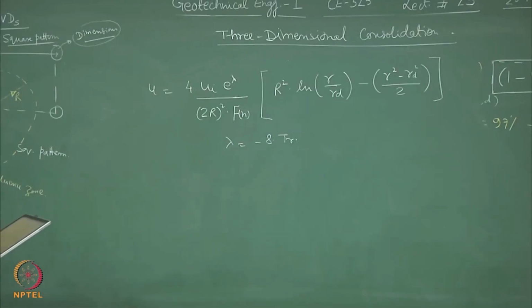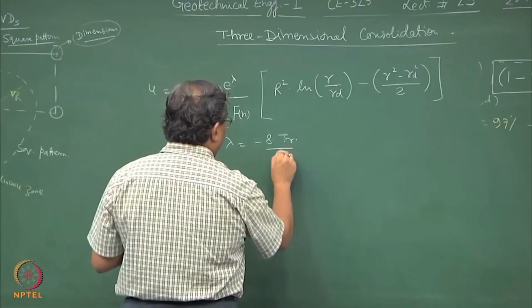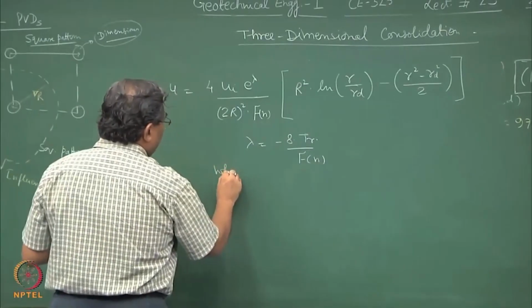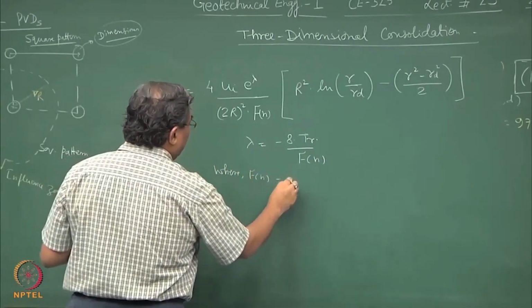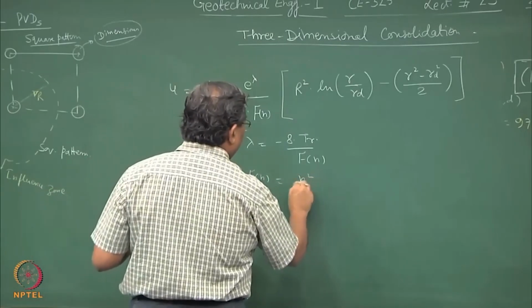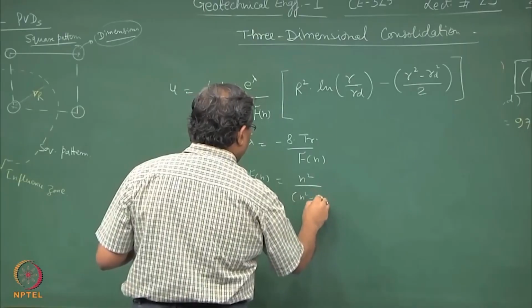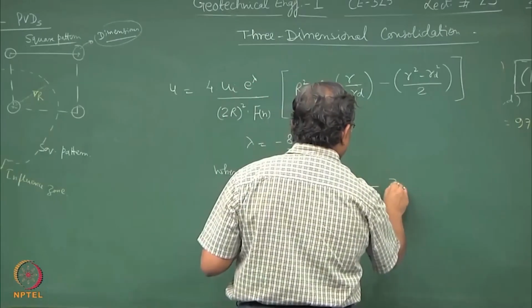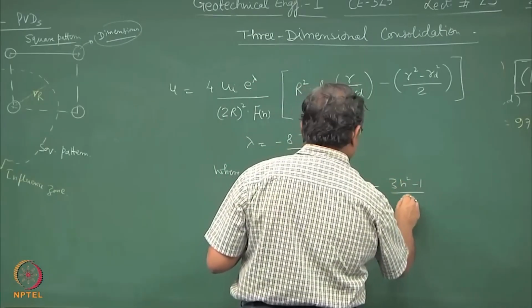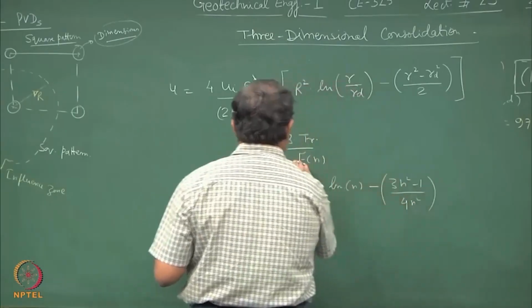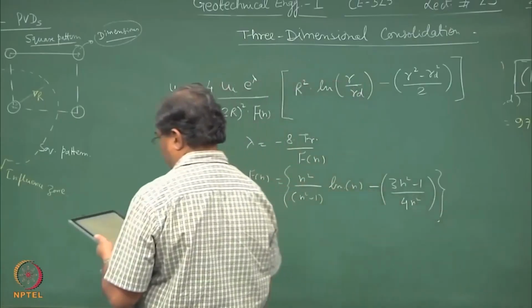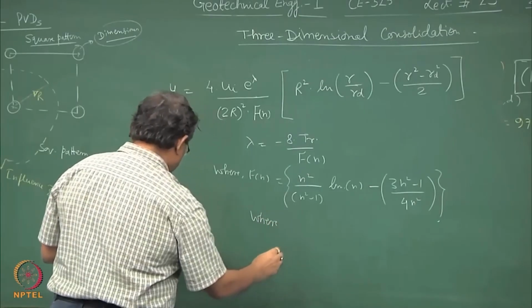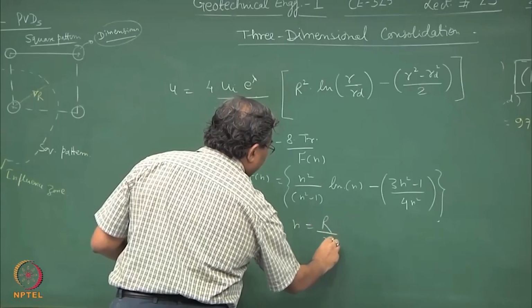Tr is nothing but the coefficient of radial consolidation. Tv we have used for vertical consolidation. Lambda is minus 8 Tr upon Fn, where Fn is n square upon n square minus 1 log of n minus 3n square minus 1 upon 4n square, where n is equal to capital R upon Rd.